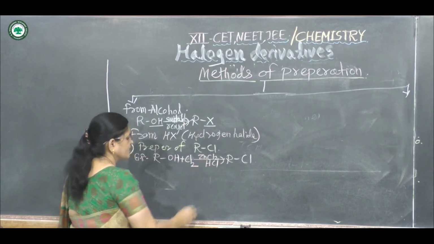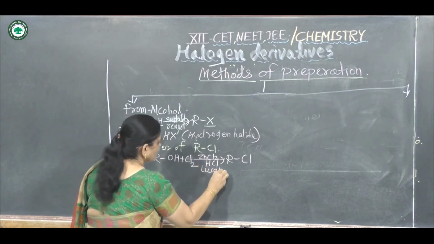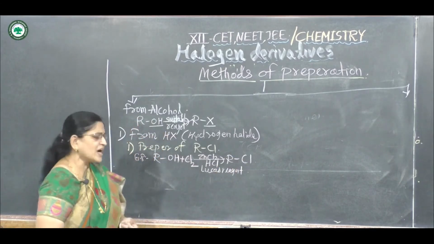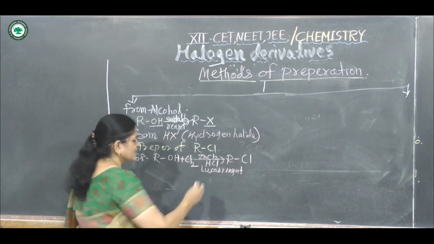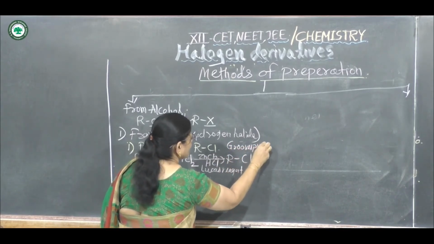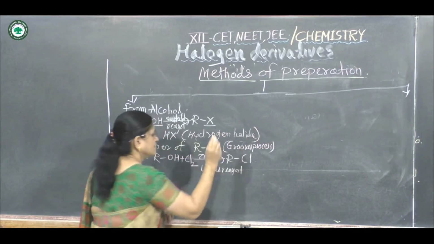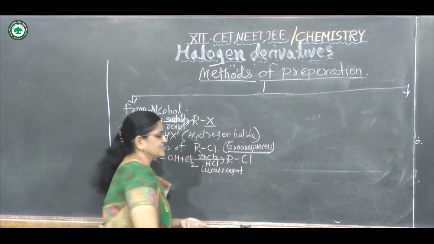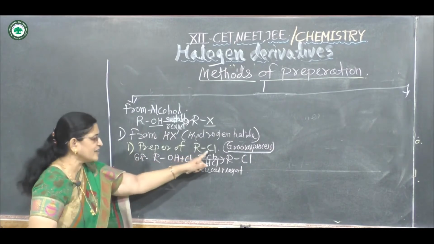This reagent is called Lucas reagent, and this process is called Groove's process. Remember this name, Groove's process, for the formation of alkyl chloride.